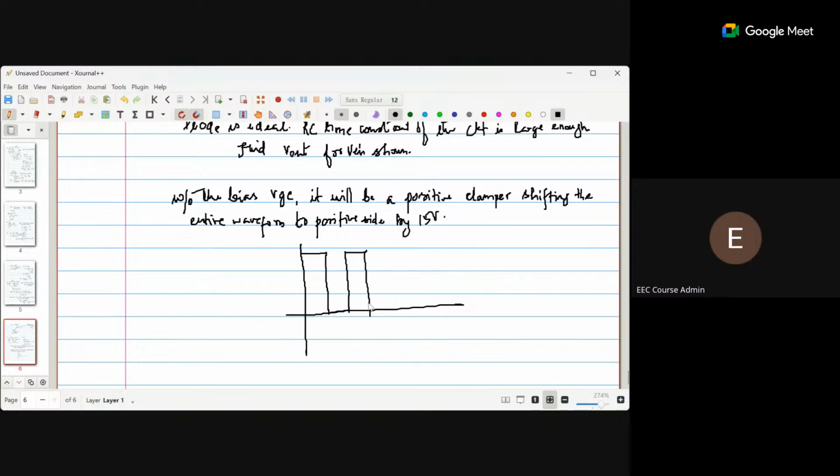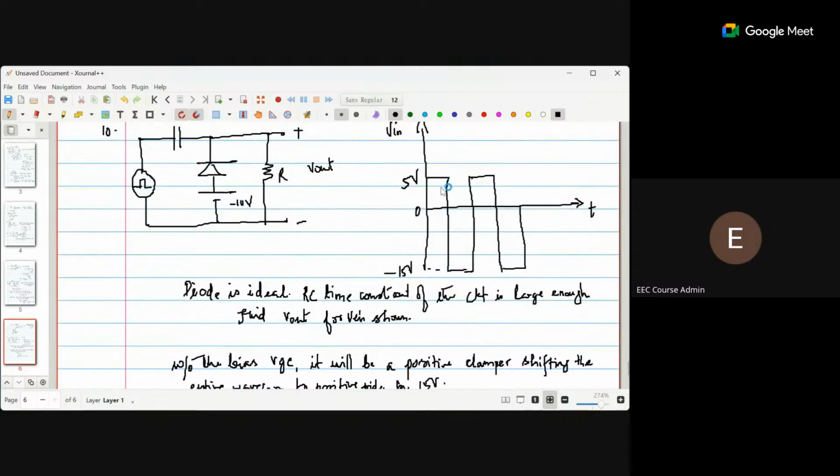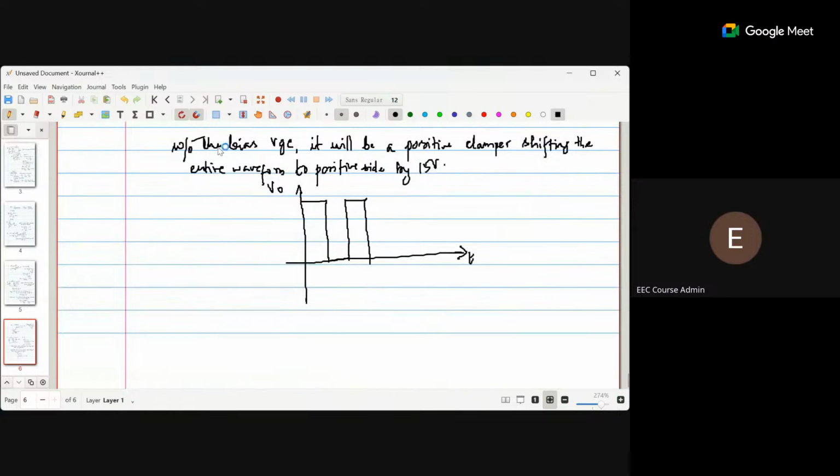How much will be this peak value? You had already plus 5 on the positive side and then another shift by 15. So what will be this value? 20 volts. So this will be the case of the output waveform without that bias voltage.